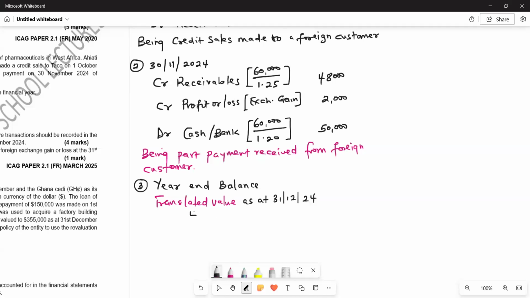That will be the 40,000, or you can say 100,000 minus 60,000, over the rate at the end of the year, 1.1, right? So assuming they had settled at the end of the year, this is how much we would have gotten in Ghana cedis. How much are you getting?